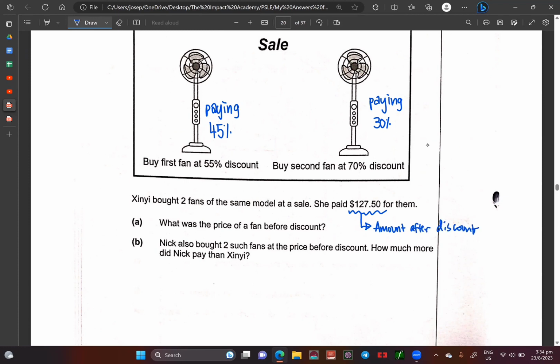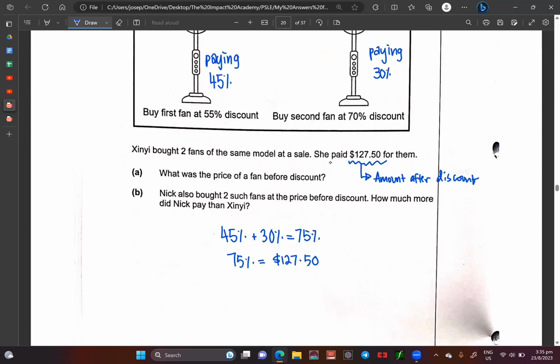So what you want to do is add up what she has paid, which is 45% plus 30%, and that gives me 75%. And 75% is simply just $127.50. So we obviously have to get to our 1% first, which is my Mr. Greenman. We will get to an answer of $1.70.